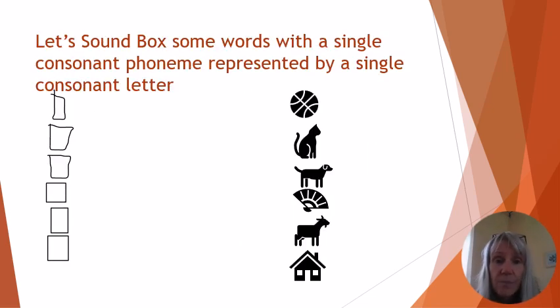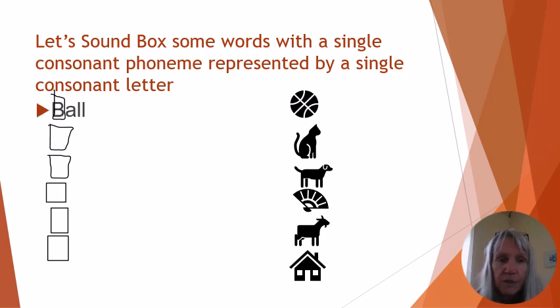So let's sound box some words with a single consonant phoneme represented by a single consonant letter, like we've done in the previous slide. Excuse the shapes of my boxes. Some of them turn out pretty nice, some of them turn out pretty sloppy. So as you can see, that first picture is a ball.